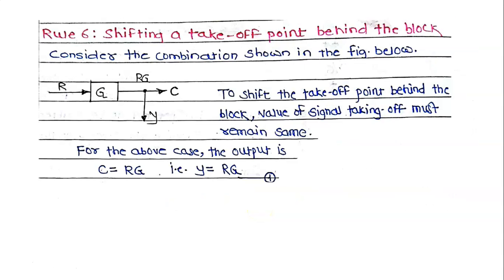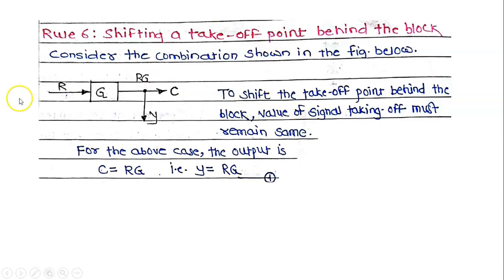Now rule number 6, shifting a takeoff point behind the block. Consider the combination shown in figure below. Now this signal R is there, it is given to this block G, therefore output C is equal to RG. Again this signal is taken off, therefore value of Y is equal to RG.